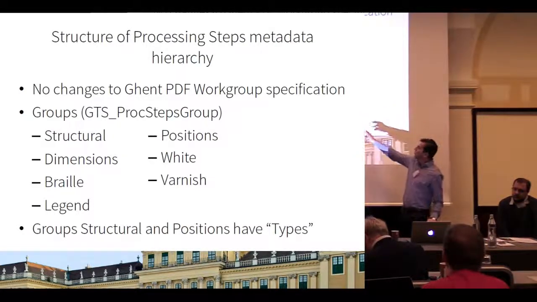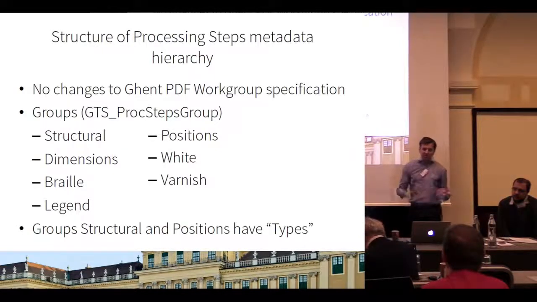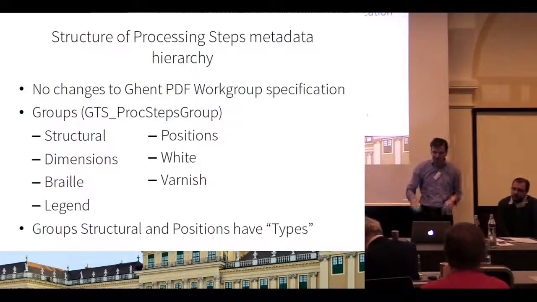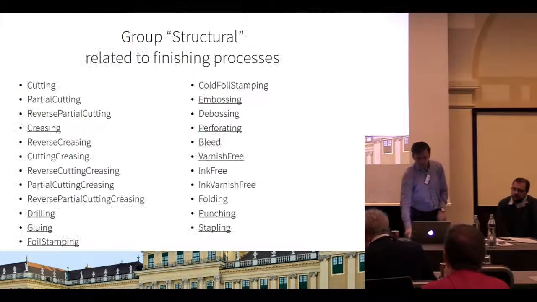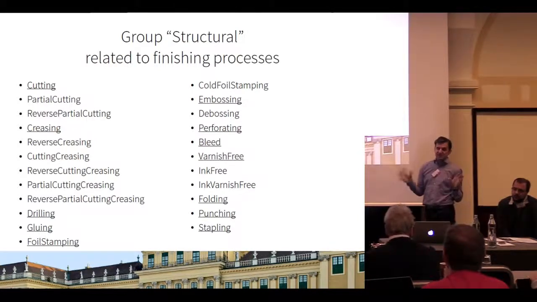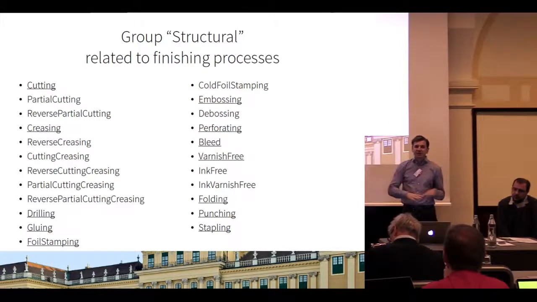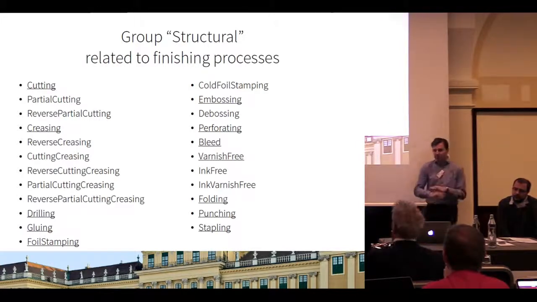And 2 of these groups have, if you want, subgroups, or what is called types. So they have more structure below the group name. And by far the most complex one is structural, which has, I think, 23 different types. So all the other ones are much easier.